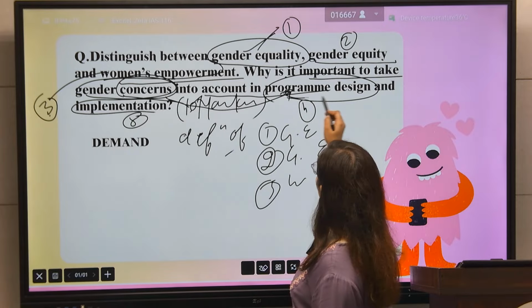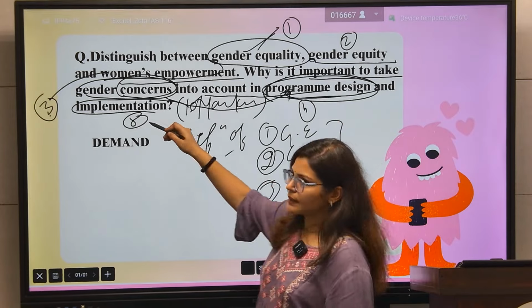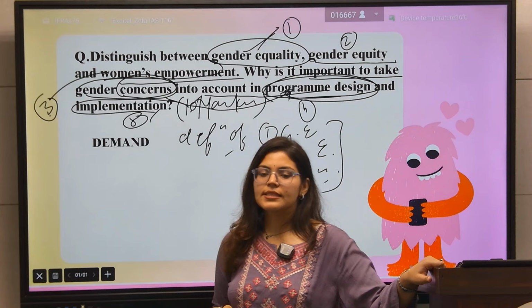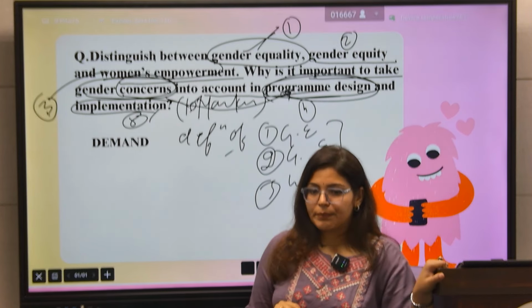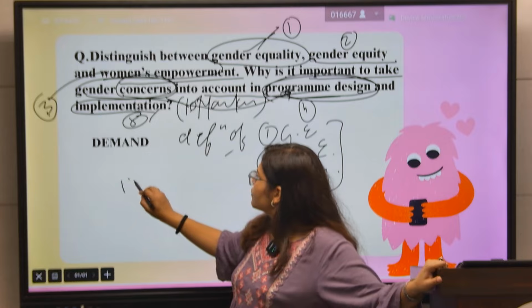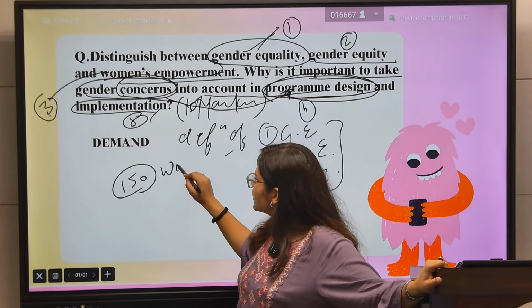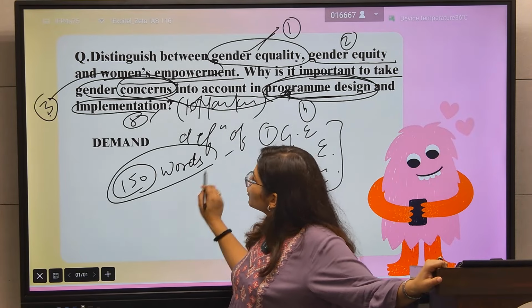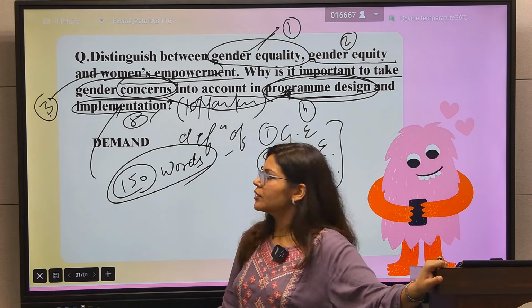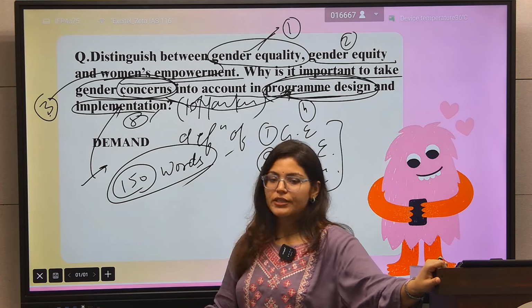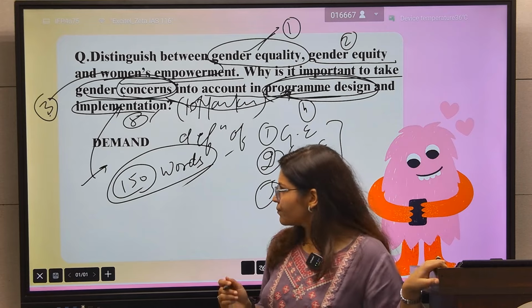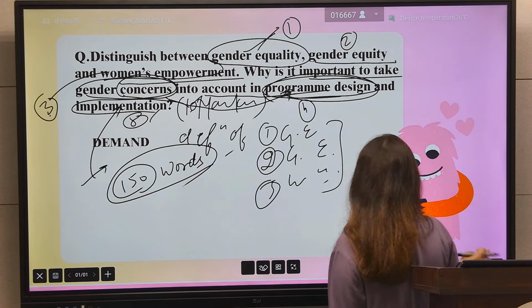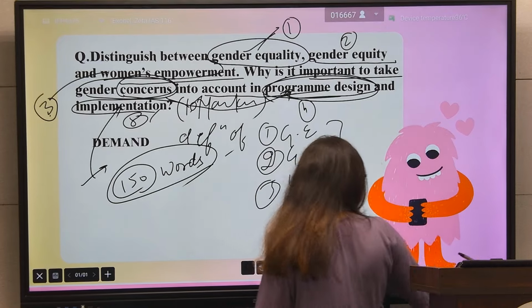And the second part is program design and implementation, that is, why gender concerns are taken into account in program design and implementation. You have to write 150 words. In the question itself there were 5 dimensions. If you know 1 or 2 points on each dimension, it is easy to answer this type of question. Now analyze the demand of the question.